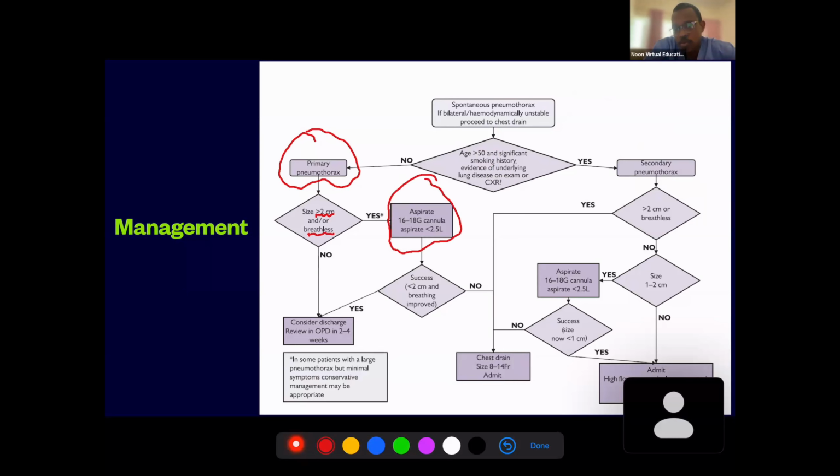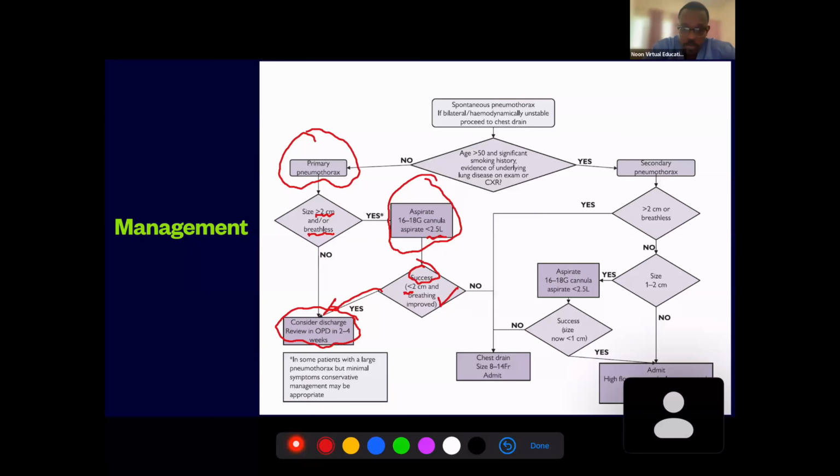Try to aspirate less than 2.5 liters to avoid complications. If your aspiration is successful, you repeat the chest X-ray, and if the size is now less than 2 centimeters, or the patient improved symptomatically, then you can discharge and give follow-up within 2 to 4 weeks in the OPD.